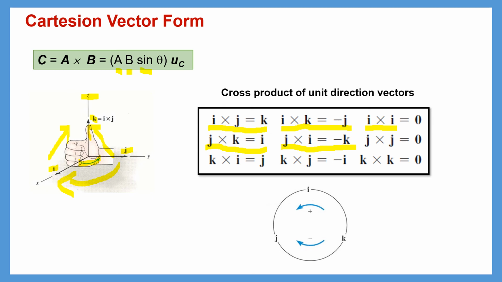So i cross i will be equal to 0, j cross j will be equal to 0, and k cross k will be equal to 0. Okay, just remember right-hand coordinate system and you can decide the directions of each term.